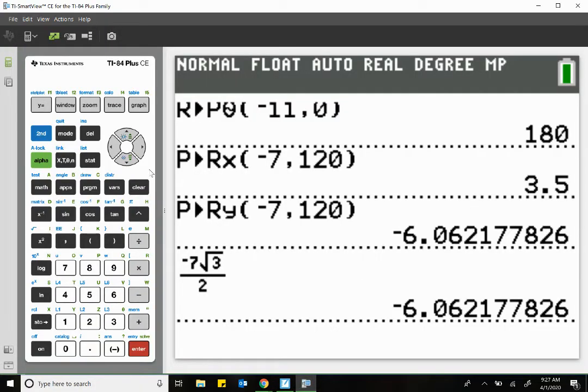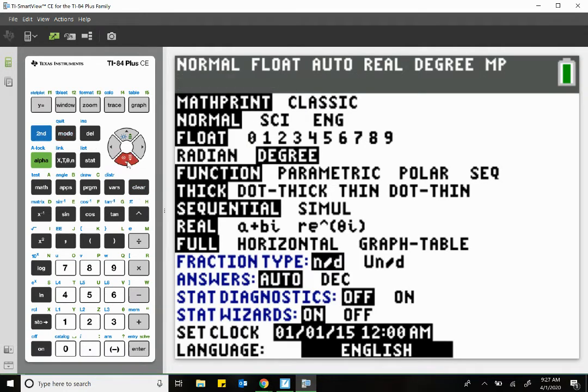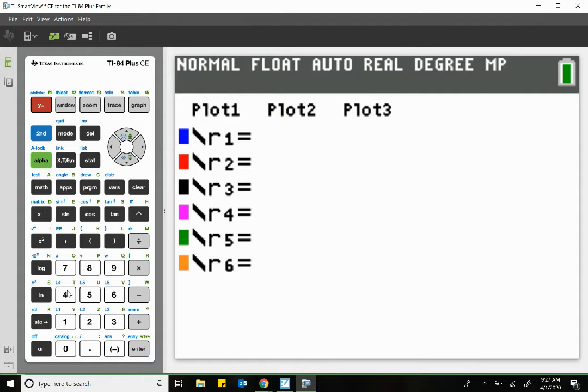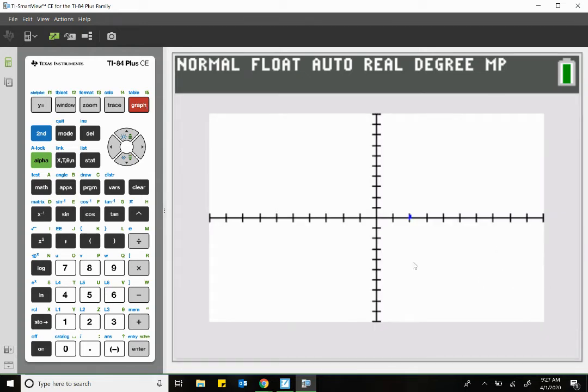So if I come in here to my calculator and I make sure that I'm back in polar coordinates, I go right here and let's just make it easy. Let's make it a radius of 2. And we hit graph. Notice it's weird.